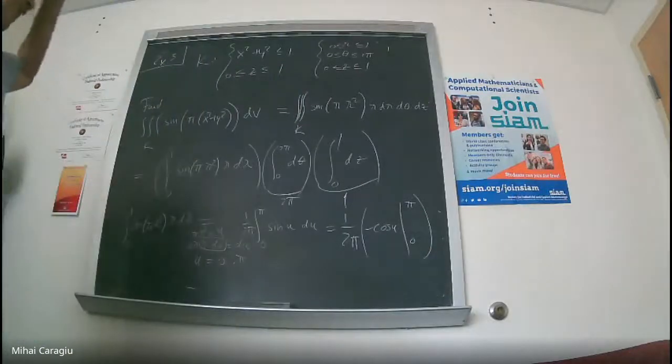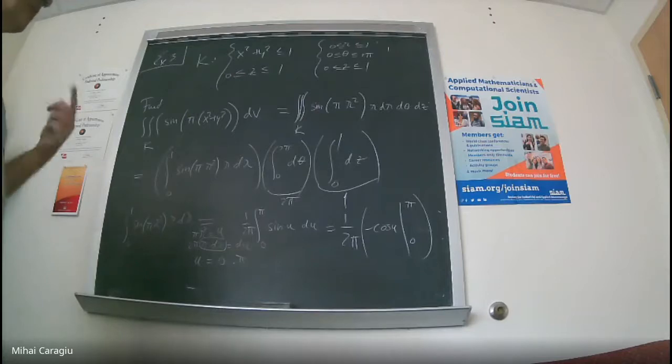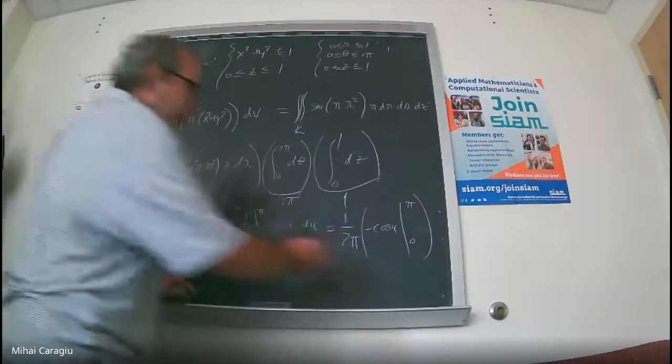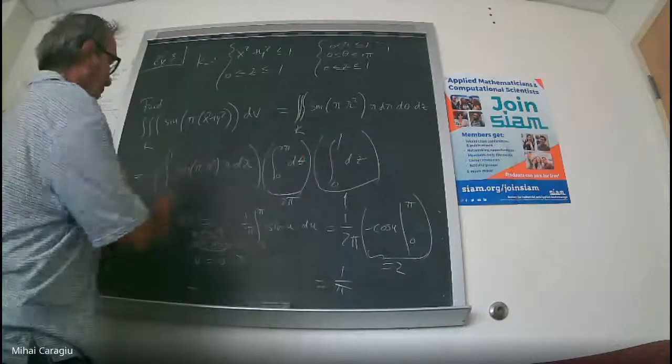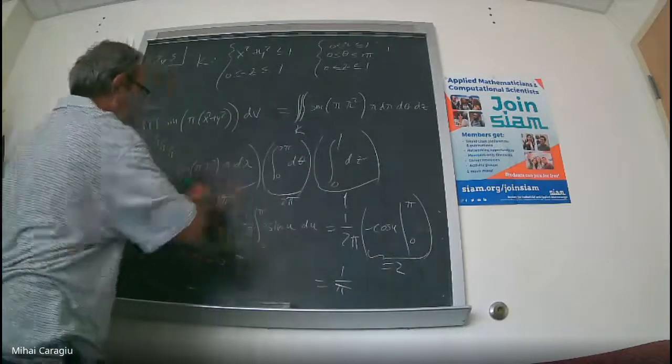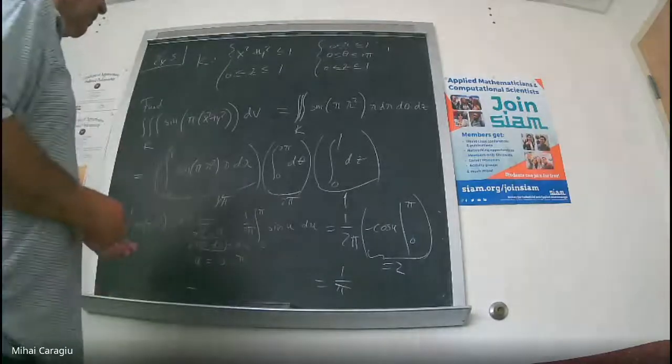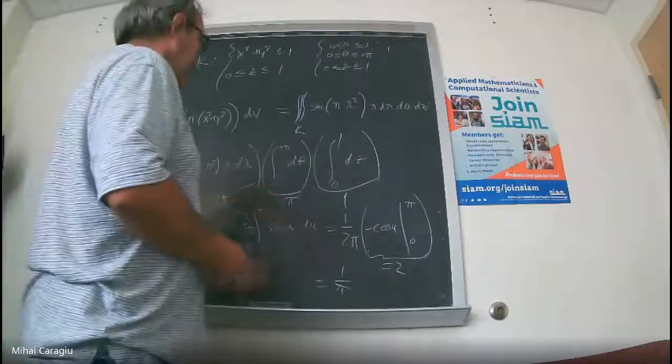Minus cos pi is minus minus 1, that is 1, minus cos 0, so 1 plus 1 is 2. So this will be 2, so this will be 1 over pi. So the final result is 1 over pi times 2 pi times 1, that's a 2.